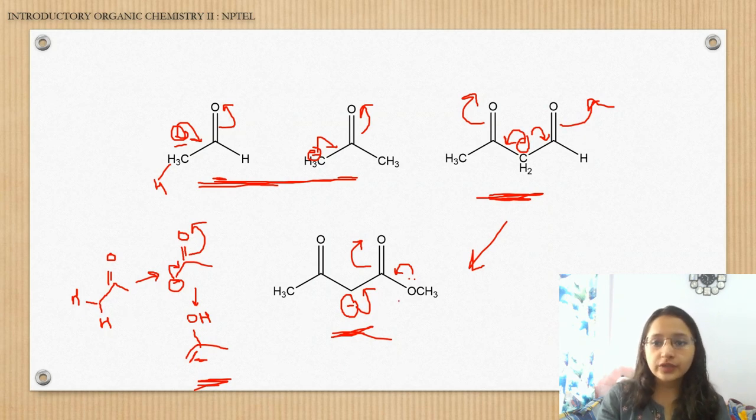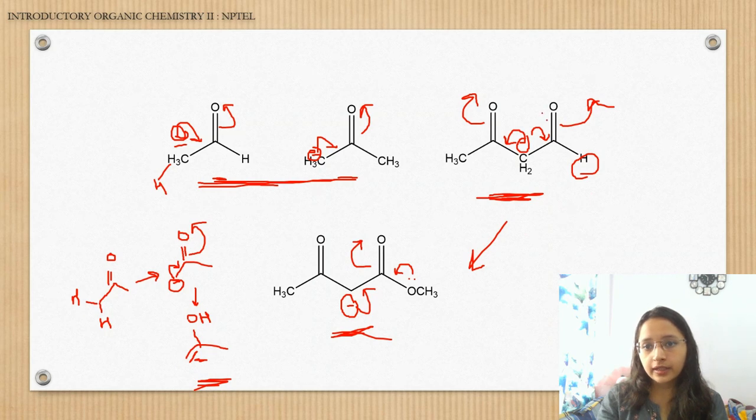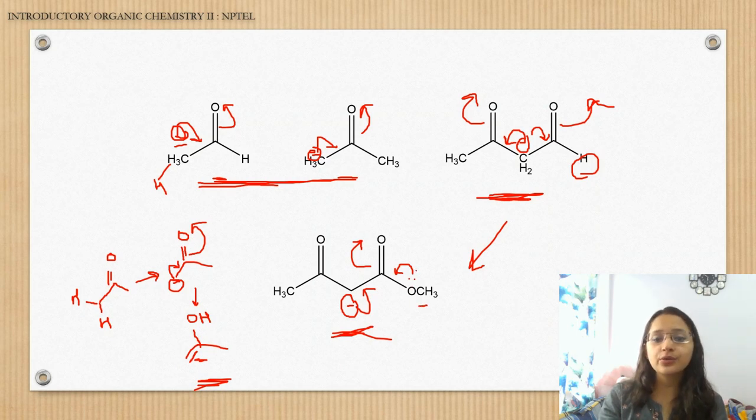So when you compare this with the aldehyde, here the carbonyl doesn't have any other conjugation than this particular carbanion. It is very much stabilized by these two carbonyls rather than this ester carbonyl, because the oxygen lone pair is also in conjugation with the carbonyl and restricts the conjugation from the carbanion. So it is not that facile in this case.